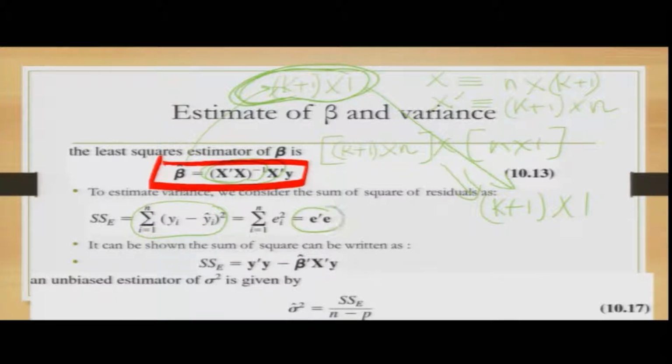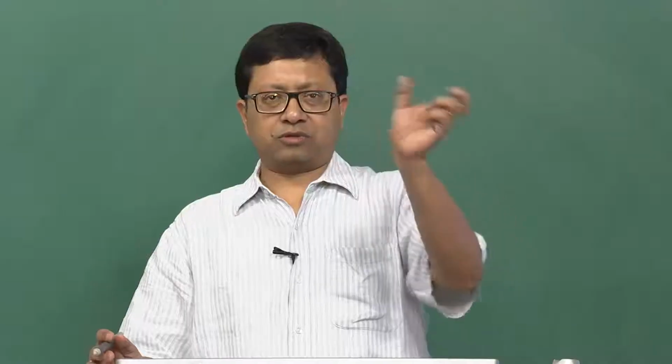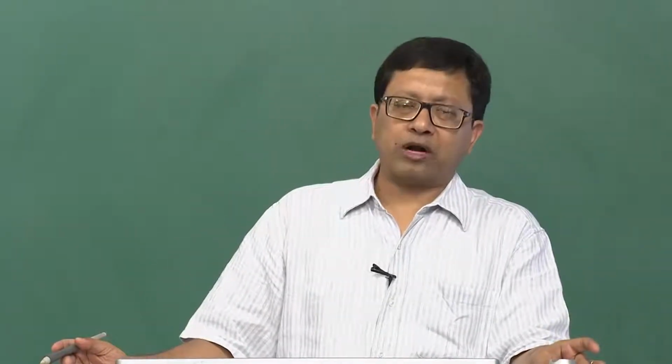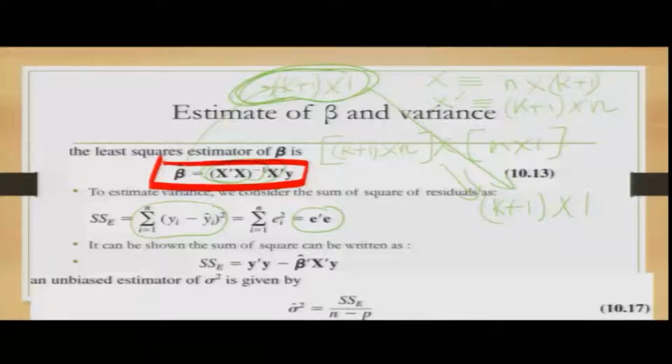This is a square term, which is basically a vector multiplied by its transpose, so the size would be of dimension 1 cross 1. It can be shown that the sum of the square of the errors can be written as explained. You can find out the sum of the square of the errors and you can find out the sigma squared.